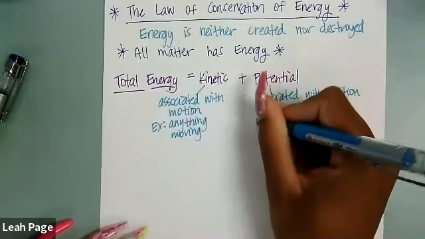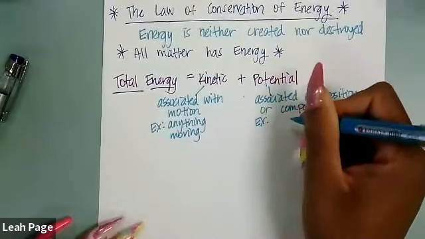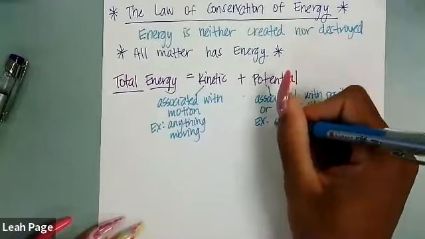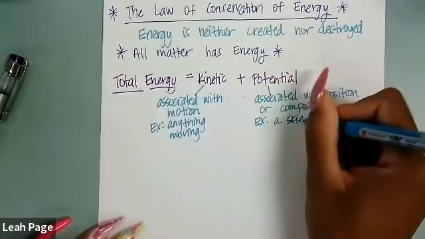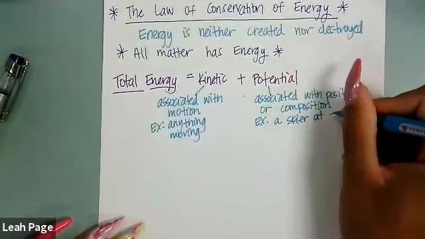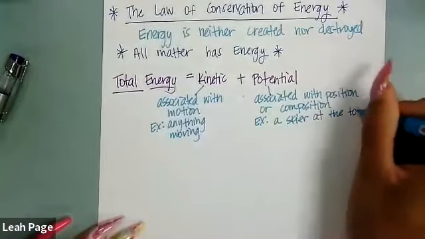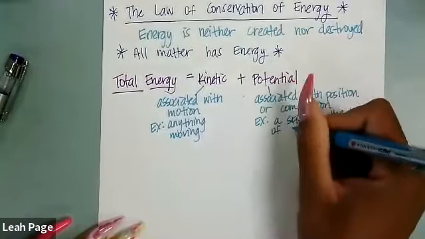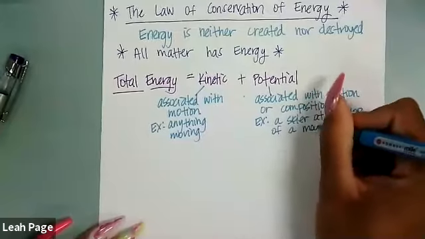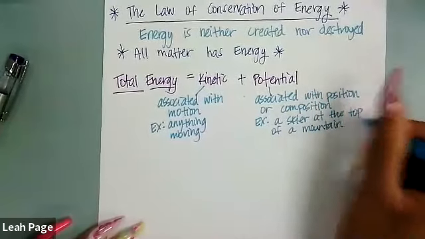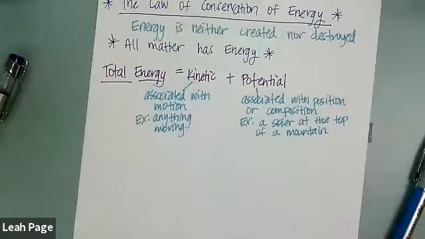The way that works is we say it's a skier at the top of a mountain. So an example would say, let's say we're going skiing, we're at the top of a mountain.